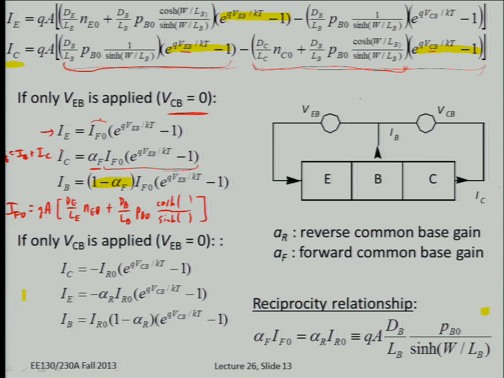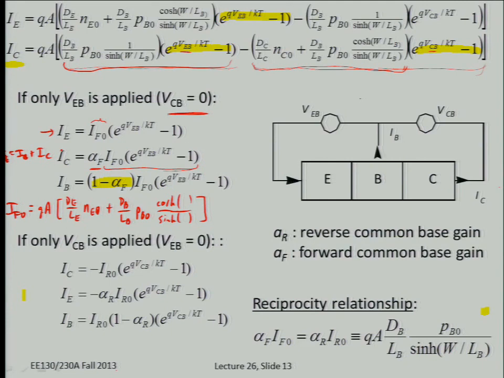Now, if you have a forward bias collector, part of the holes that get injected in the base can diffuse and get collected by the emitter junction. So the emitter can have some current flowing even though you don't apply a bias to the emitter junction. It's just collecting because you have a depletion region that will collect minority carriers.